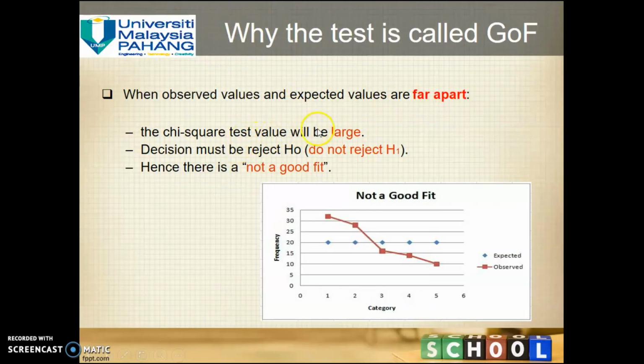When we have a large value of the chi-square test. We know we have a large value when the decision is reject H0. Reject H0 in step 4 means that there is a difference between the observed value and expected value, so we have not a good fit data.